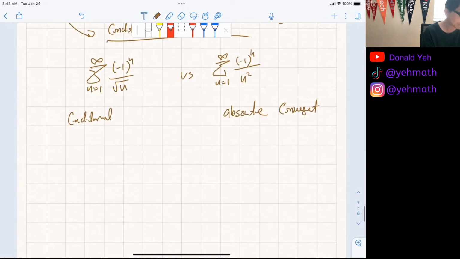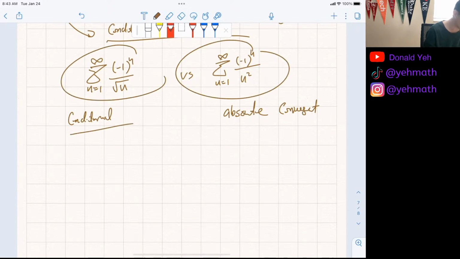Okay. Any questions so far? N squared, this problem versus this problem.